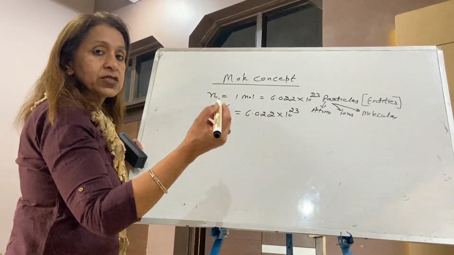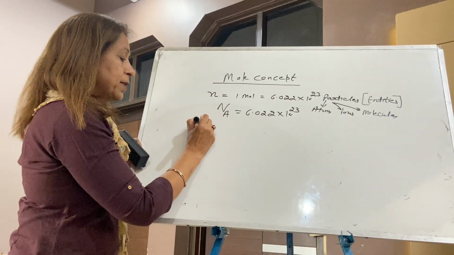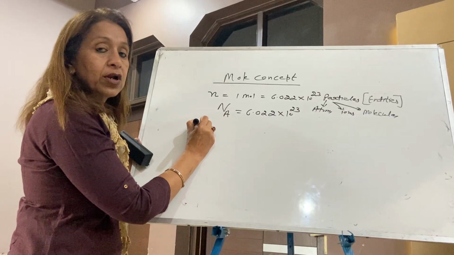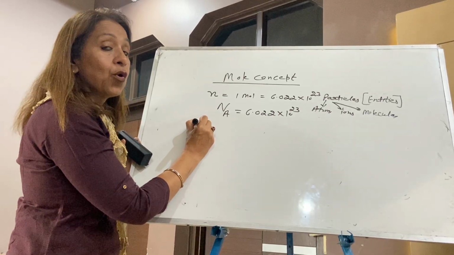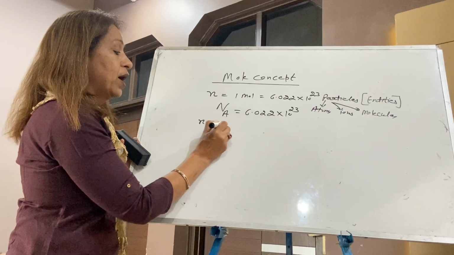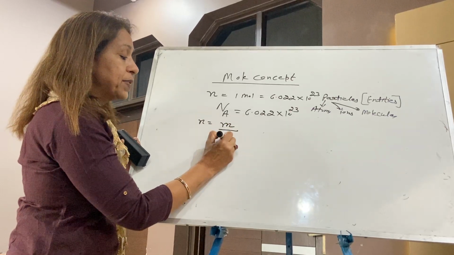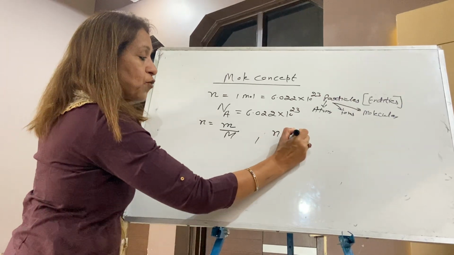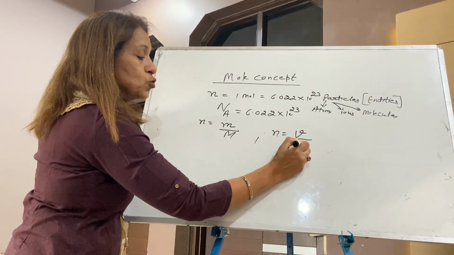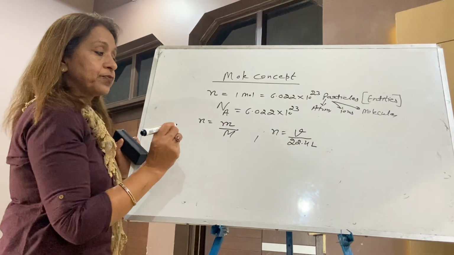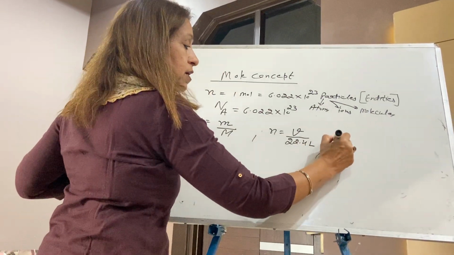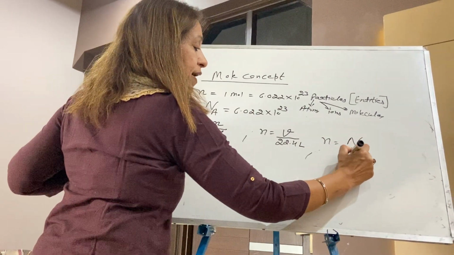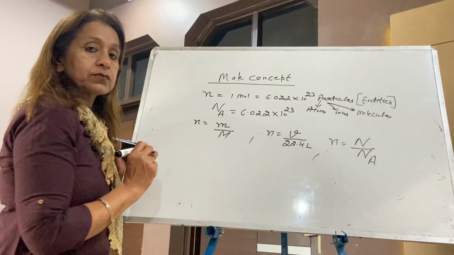Let us start with the numericals. In the numericals, you will apply only 3 formulas. You will not go outside these 3 formulas. First, n is small m by capital M. Second, n is volume by 22.4 liters. Third, n is equal to capital N by Avogadro's number.